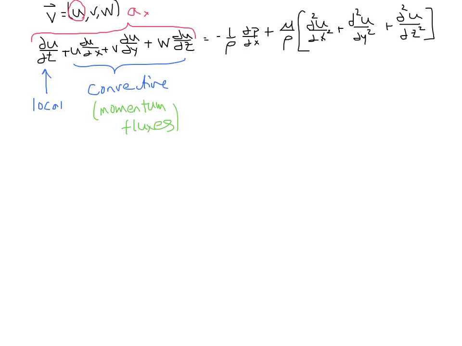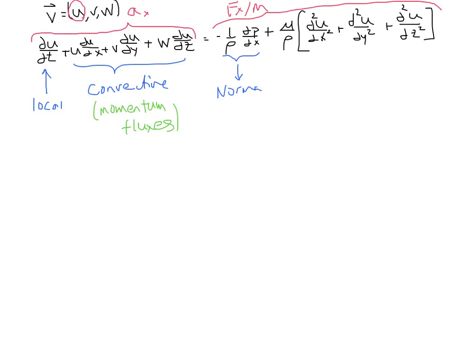Now on the right-hand side, what we have is the sum of the forces. And this is then the force in the x direction divided by the fluid mass. We've divided by the mass so that the left-hand side has units of acceleration, and the right-hand side has this 1 over rho dependence. What the terms represent on the right-hand side: the first term is the normal stresses, or the pressure forces.